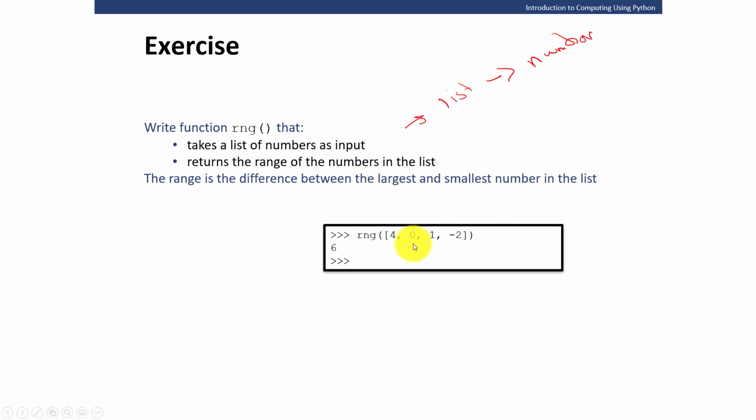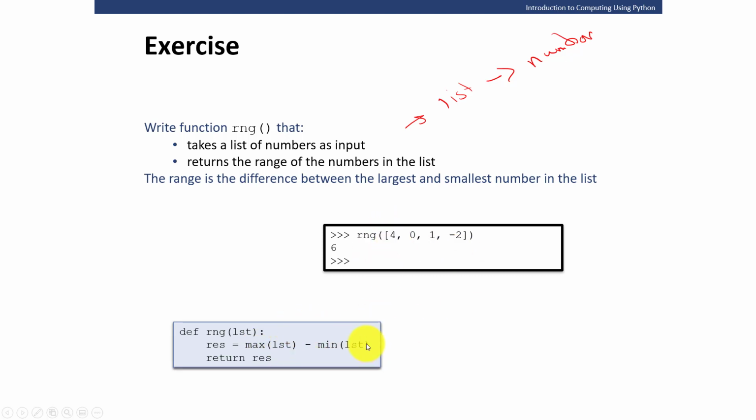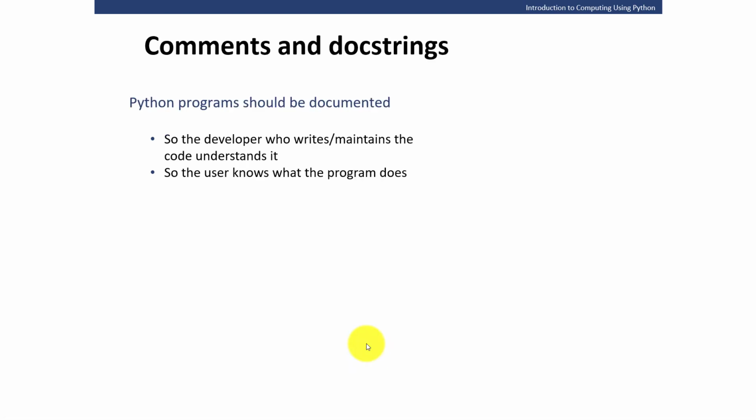So basically we can use the function min and the function max. The difference between the max minus the min is what I'm going to return. So define range, and range will take a list as an input argument, and it will return the maximum item of the list minus the minimum item of the list.